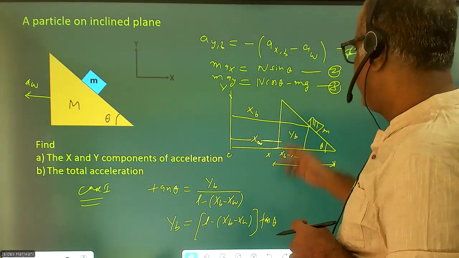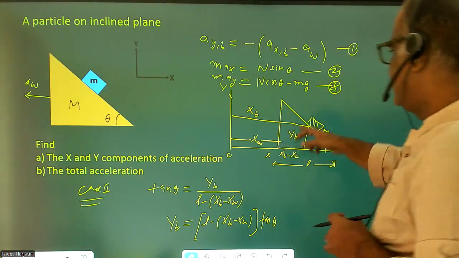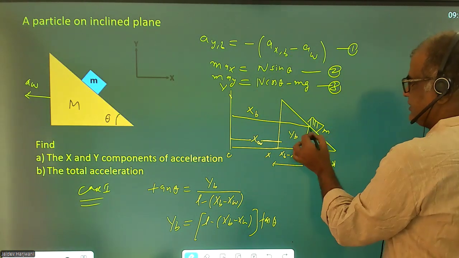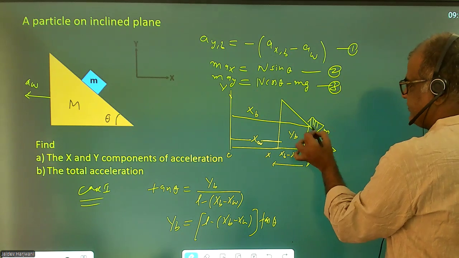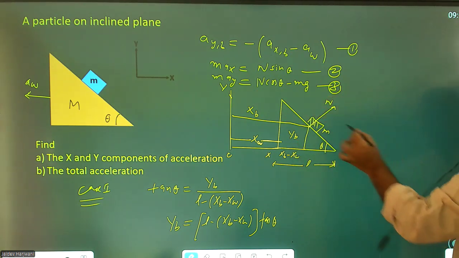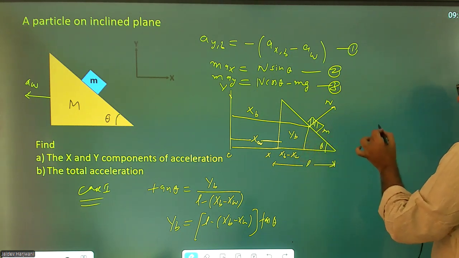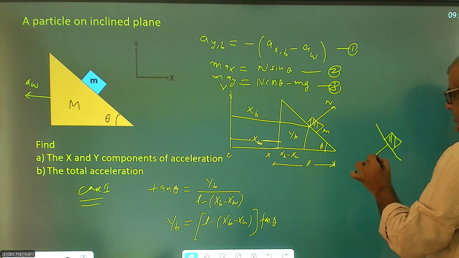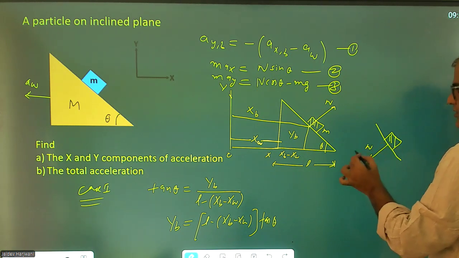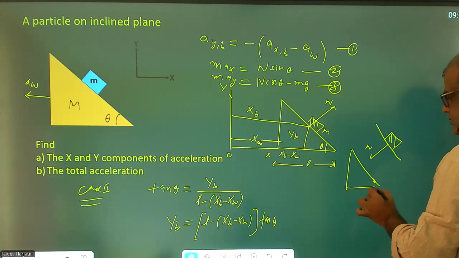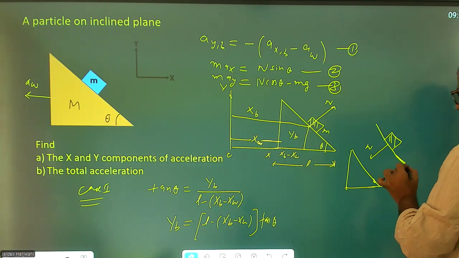The fourth equation will be given by the wedge itself. Because here the surface is applying a reaction force, according to Newton's third law, this block will also apply a reaction force N on the wedge. So say this angle is theta.